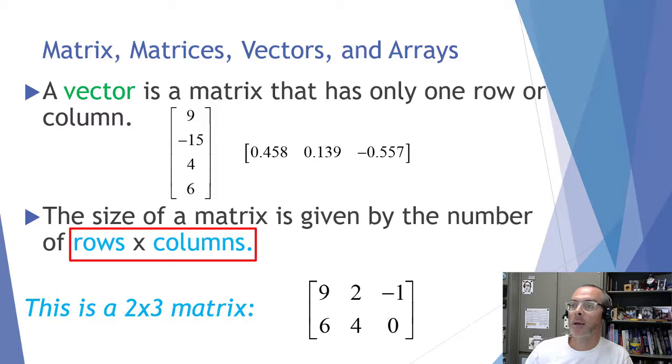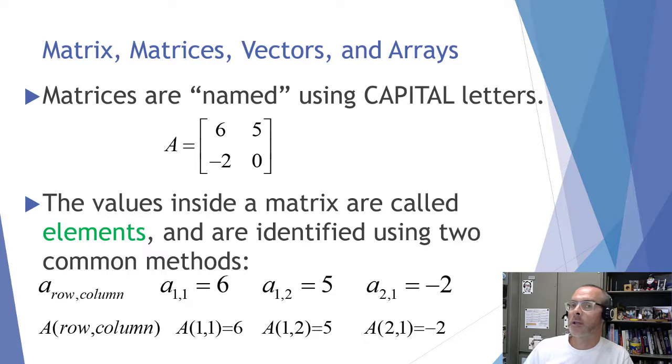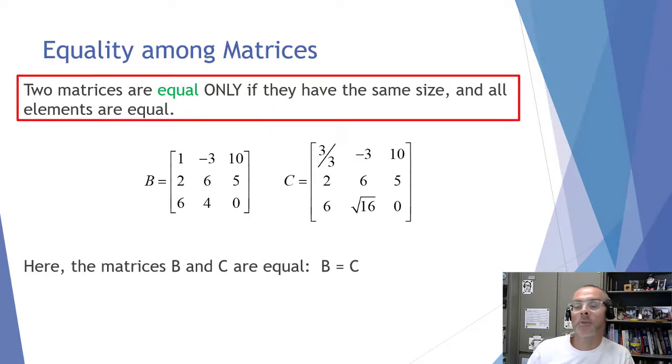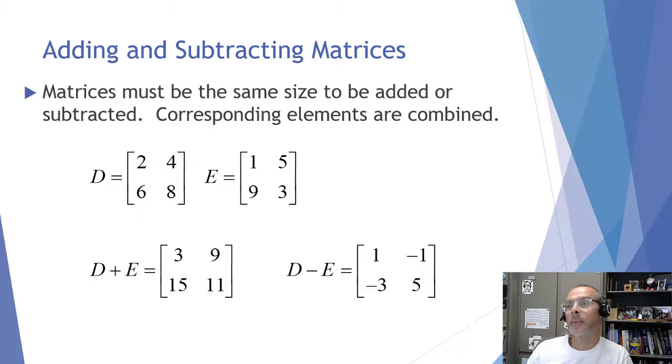You can see why now that's an important order to get correct. Although we didn't use it too much in this lesson, the notation of identifying individual elements always gives its position by its row number and its column number, either using subscripts or parentheses like we see here. And of course, two matrices are equal if they have the same elements in the same position, and the matrices are, of course, the same size.